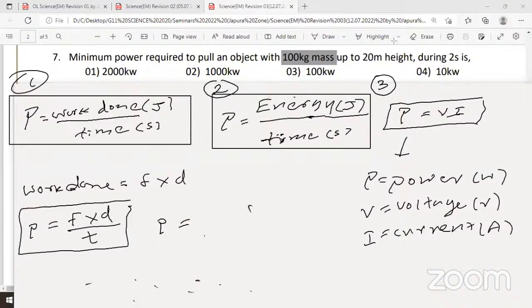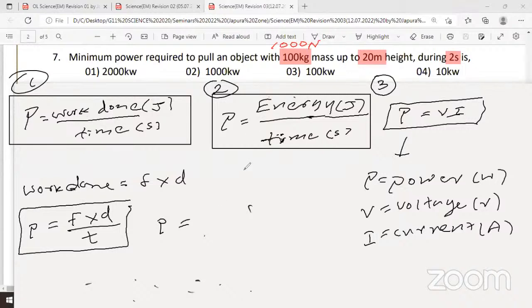The time is given, the height is the displacement, and 100 kilogram you have to convert into Newton. 1 kilogram equals 10 Newton, so 100 kilogram means 1000 Newton, which will be the force.